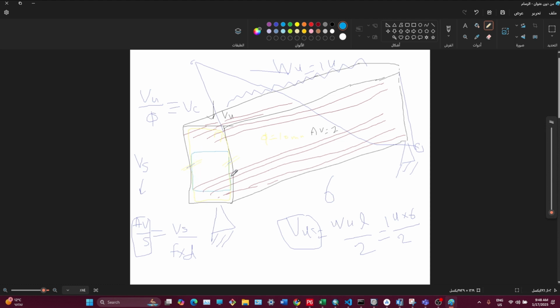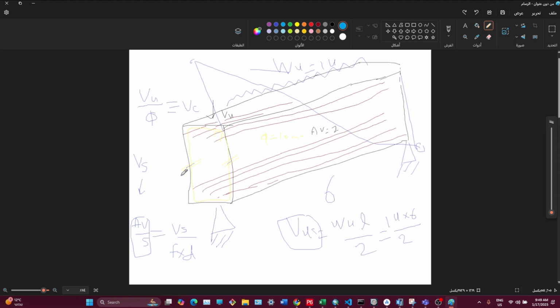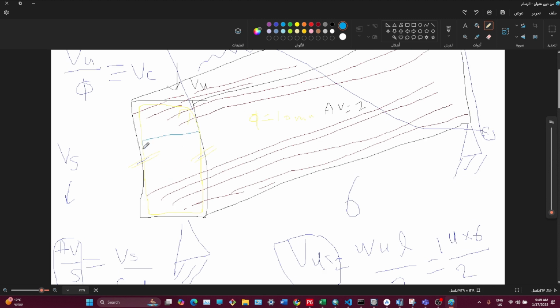If the depth is large, assume the depth of the beam is 80 centimeters, or like 1 meter depth, then I need to make another internal stirrup here.